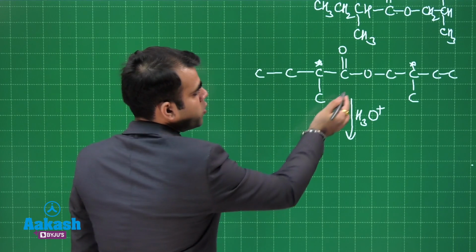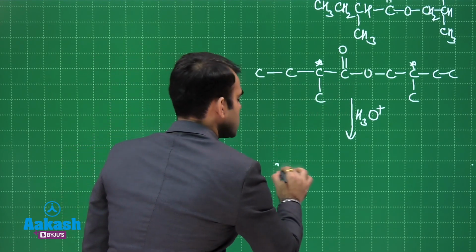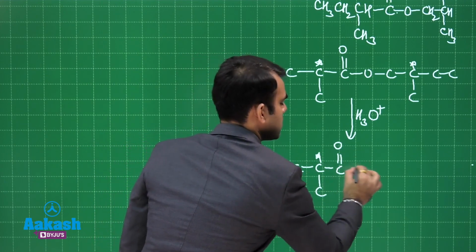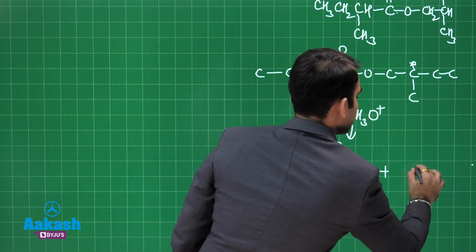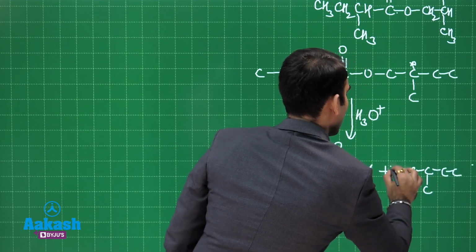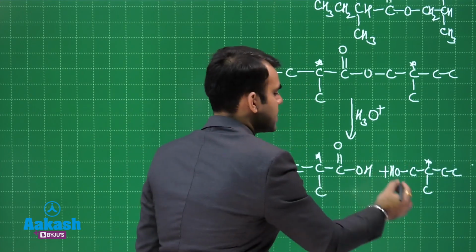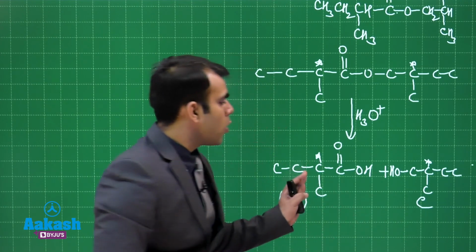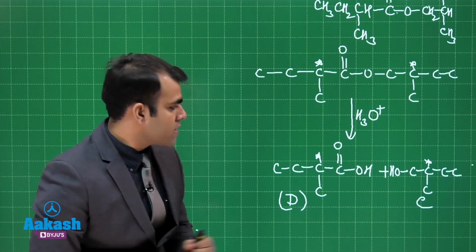You know, ester on hydrolysis gives acid and alcohol. So we get one acid, that is, this part will give the acid and this part will give us the alcohol. So this is our OH. And here also we have 2 chiral centers. It means compounds C and D are also optically active. That has been the condition provided to us.